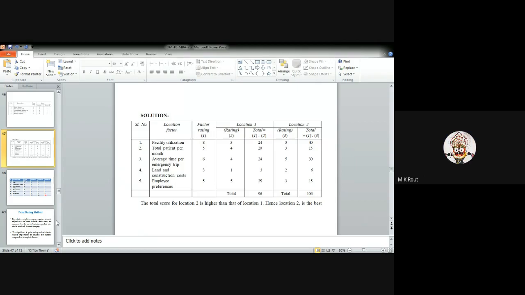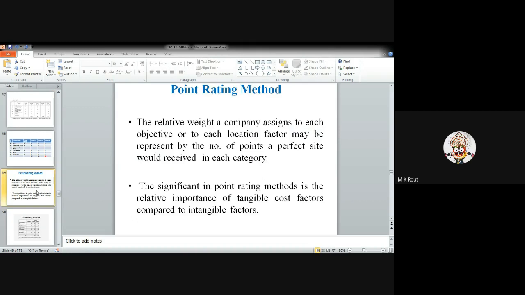Okay. Moving to the next one, just write the heading: point rating method.